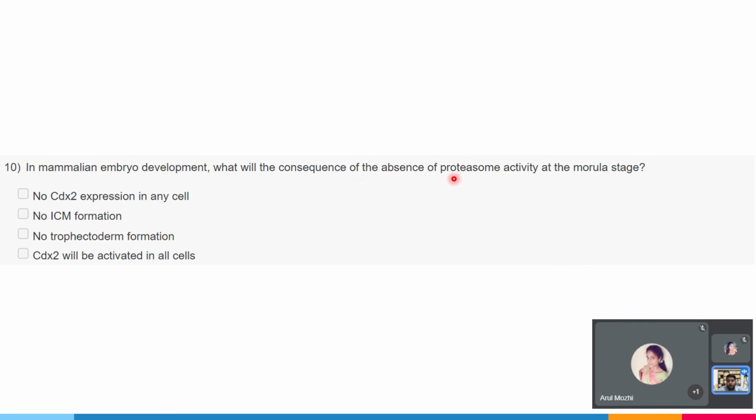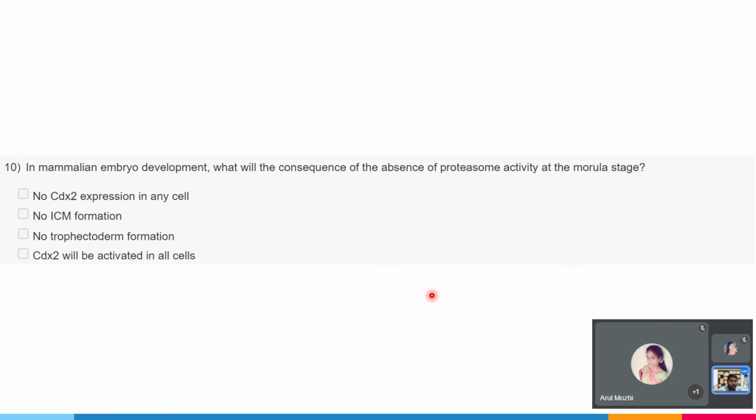The options are: no CDX2 expression in any cells, no ICM formation, or the inner cell mass formation will not be there, no trophectoderm formation, or CDX2 will be activated in all cells. This is a box type of answer, so more than one is correct.